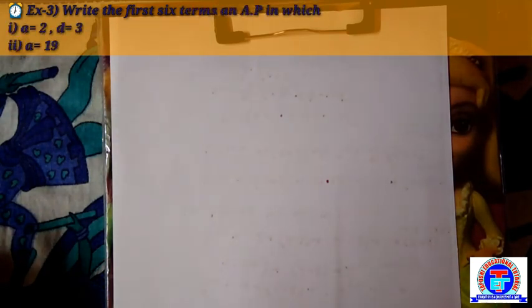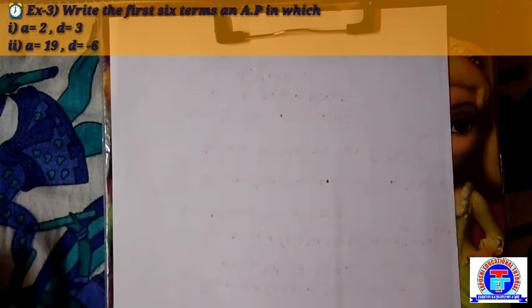Now example number 3 here: write the first 6 terms of an AP in which number A, a is equal to 2 and d is equal to 3, and number B, a is equal to 19 and d is equal to minus 6. So student, let's see how to solve this problem.